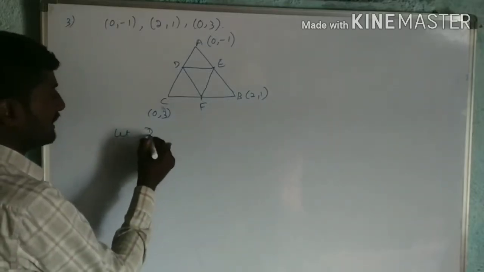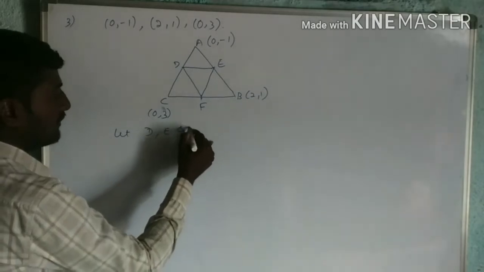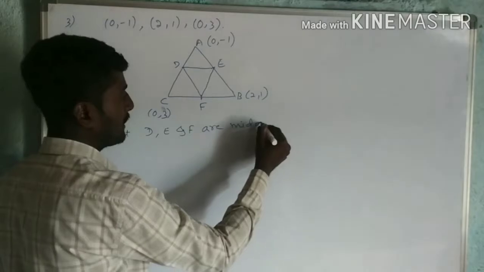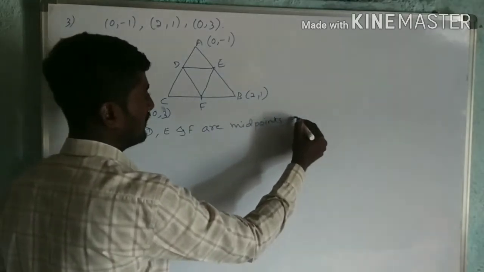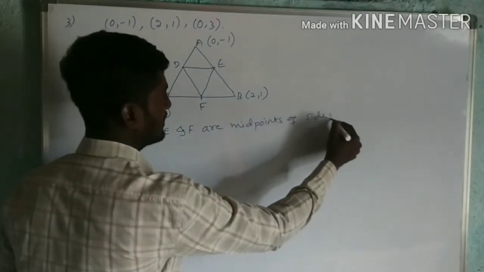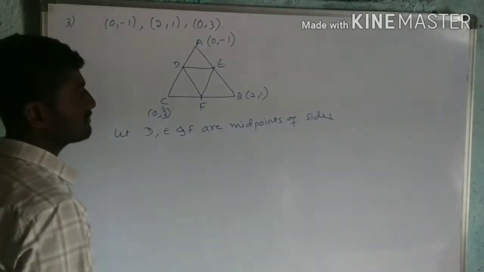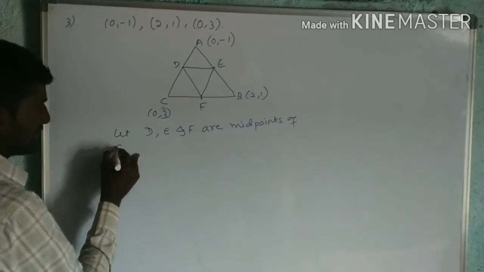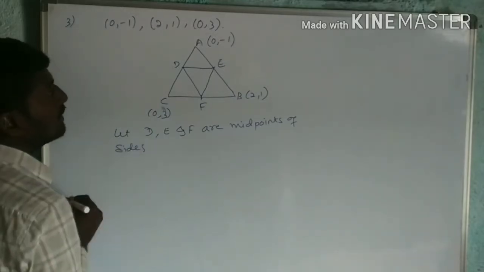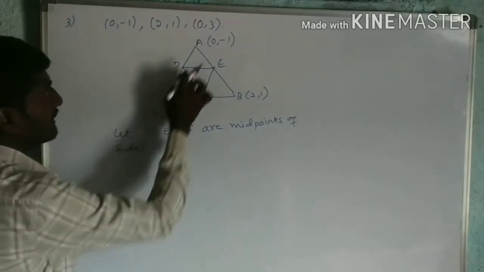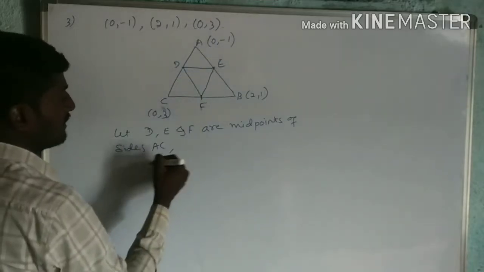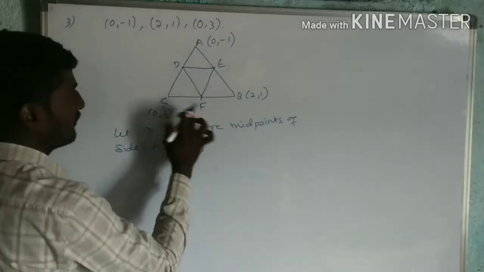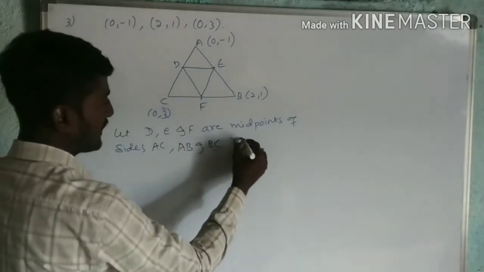Let D, E and F be the midpoints of the sides: D of AC, E of AB and F of BC respectively.